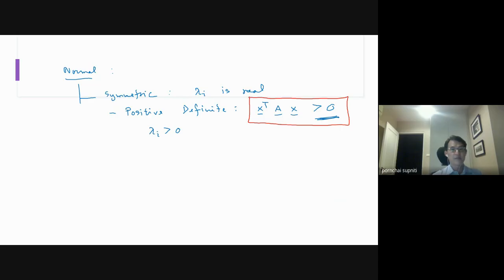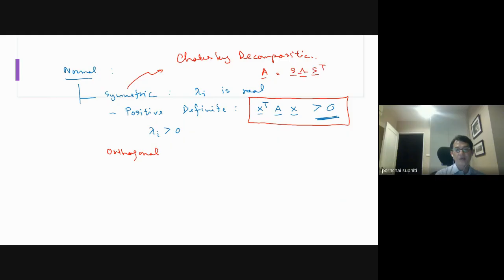Additionally, there's another property called orthogonal. Also, if it's symmetric, you can find the Cholesky decomposition, meaning that A is equal to S times lambda times S transpose.